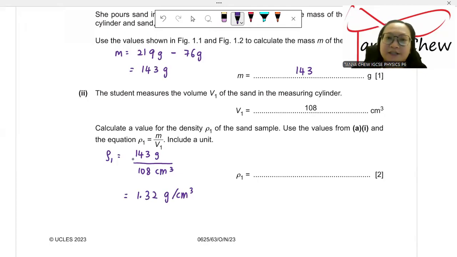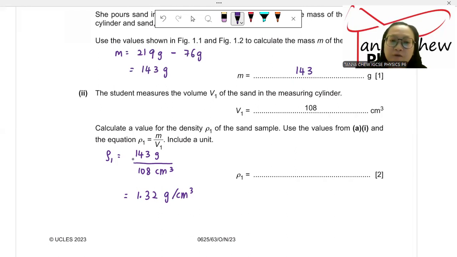Raw data is the data that is measured by a measuring instrument. Rho 1 is the calculated data because I'm using my calculator to do my calculation without looking at the scale or the reading from any measuring instrument. So for calculated data, look at the significant figures of your raw data.